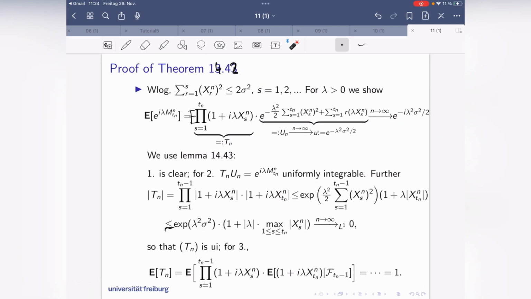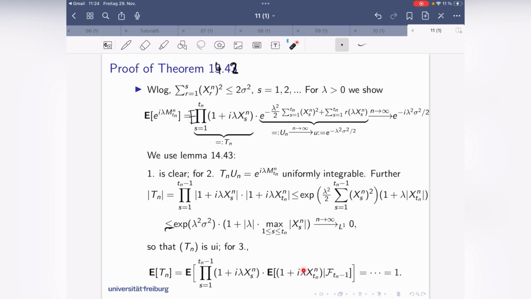But the expectation of Tn, yeah, let's see. So the expectation is the expectation of the conditional expectation. I'm conditioning on F t n minus 1. I can pull everything out except for the last one here. I have a 1 from here in the expectation, and I have the x t n from here.